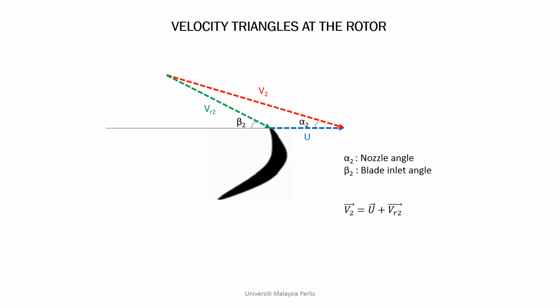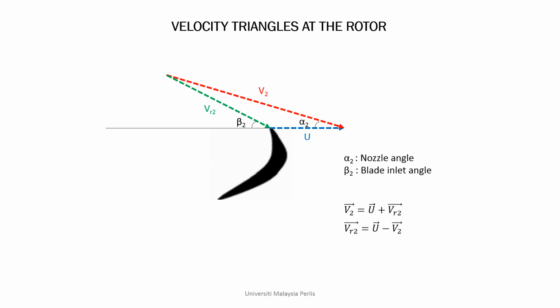Vector v2 or the value of velocity v2 can be set or measured. However, velocity vr2 need to be determined or calculated. So this is a better representation of the equation.